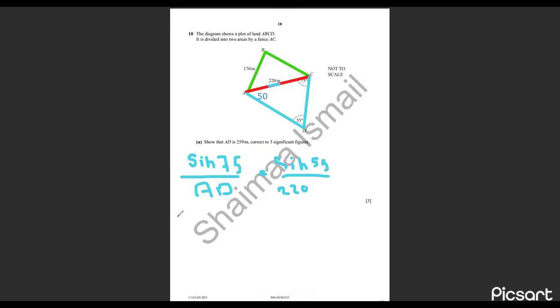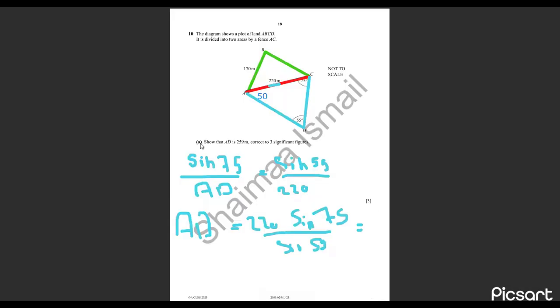So now the AD is equal to 220 sine 75 dividing by cross multiplication sine 55 on your calculator, which will be equal to 259.419. As he needed 3 SF, so 3 significant figures will be equal to 259.